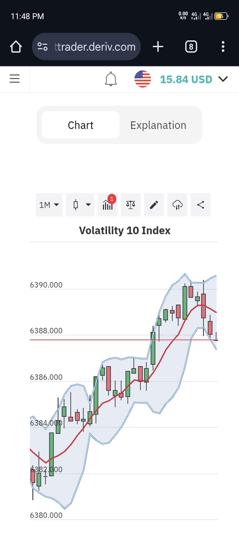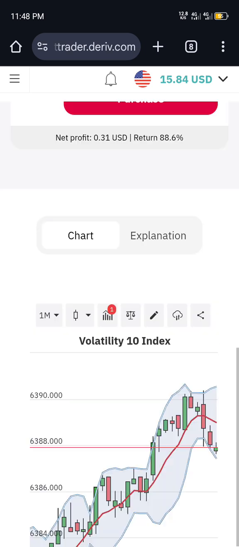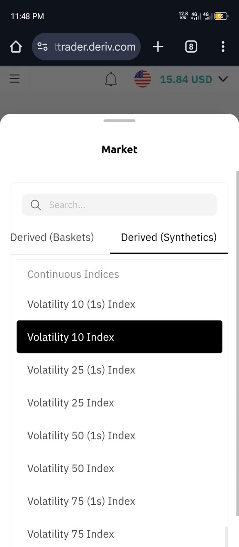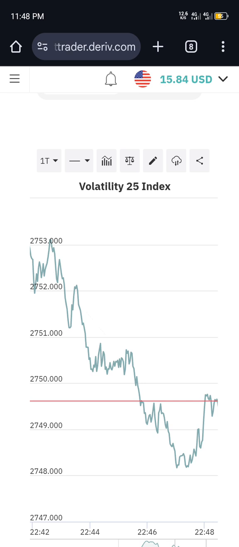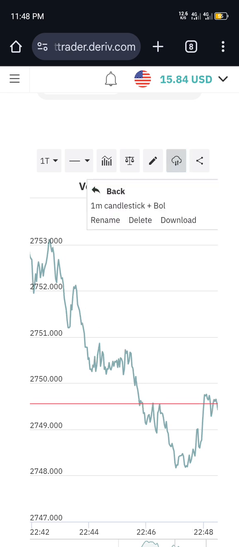I need a strong move before I can follow a signal. That's to be on a high probability side of success. I check another market. Oh, we have a beautiful retracement here.